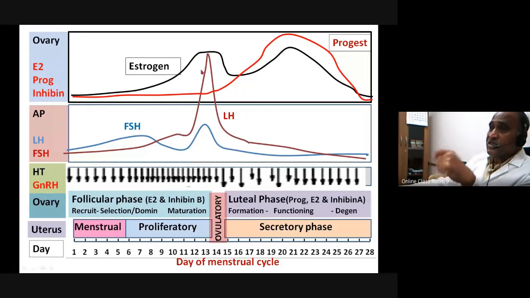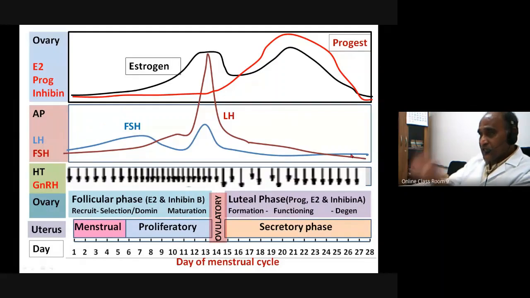Suddenly there is a surge of LH activity, and FSH activity, and then it declines. You can see that FSH is decreasing, LH is decreasing, and almost LH and FSH have come to the basal level. So this is what happens in the anterior pituitary.